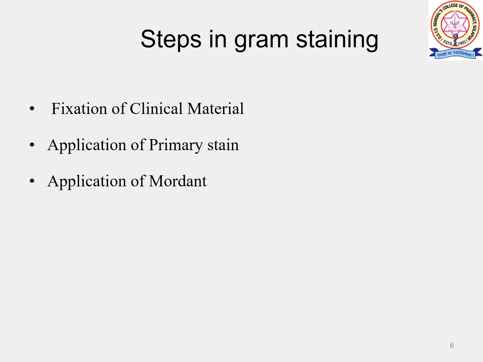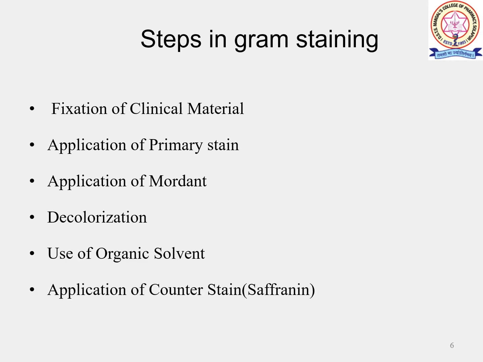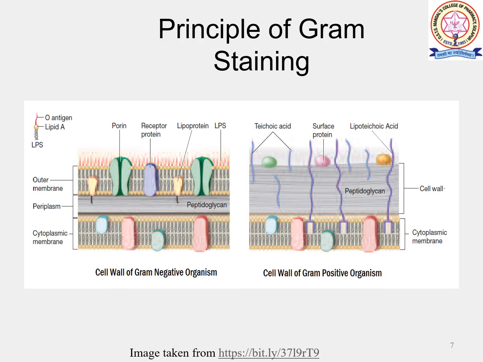Then decolorization is done with alcohol. Wait for 10 to 15 seconds. Then use an organic solvent to remove the excess material. Then apply the counterstain. Safranin is used as the counterstain. Wait for 30 seconds to 1 minute and observe under the microscope.